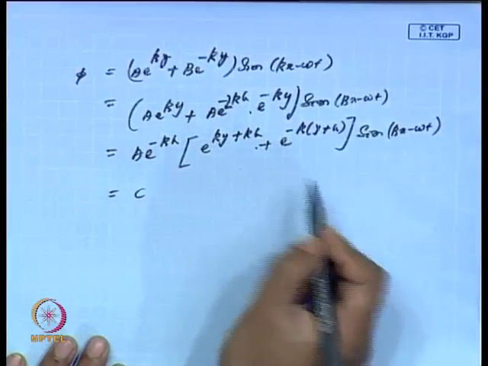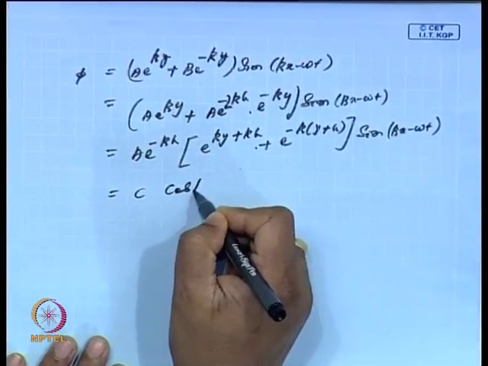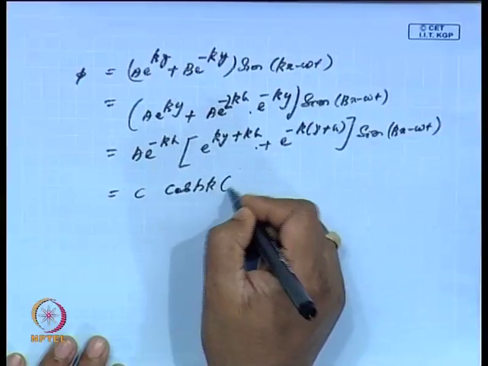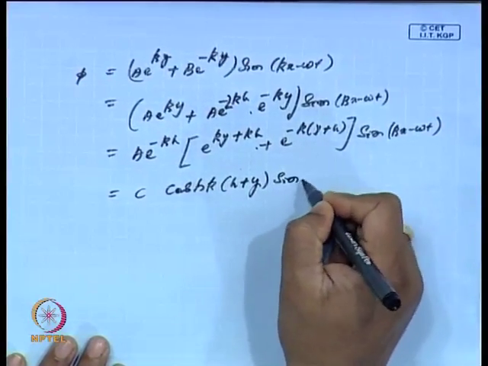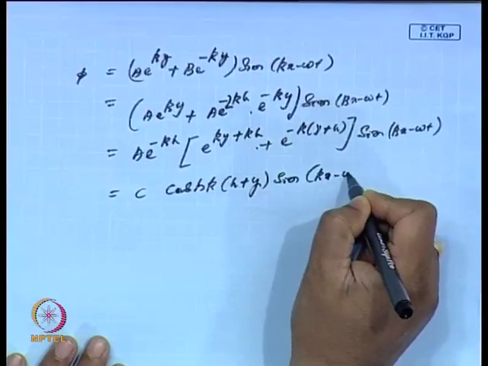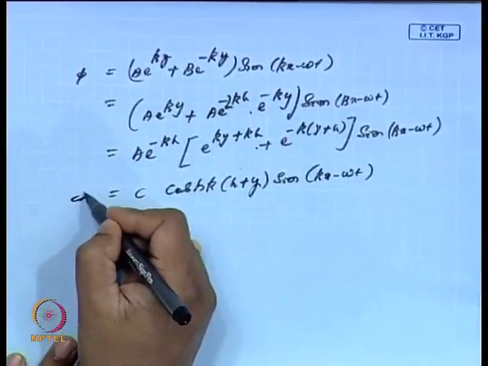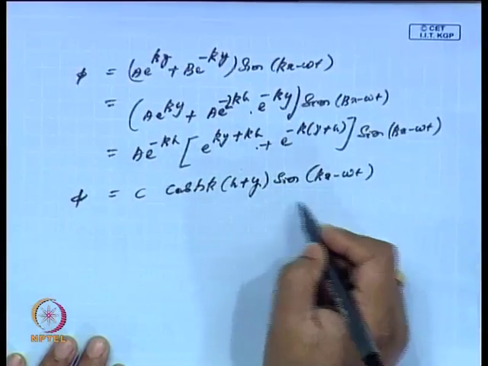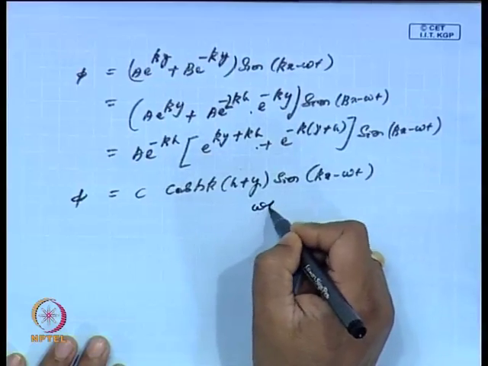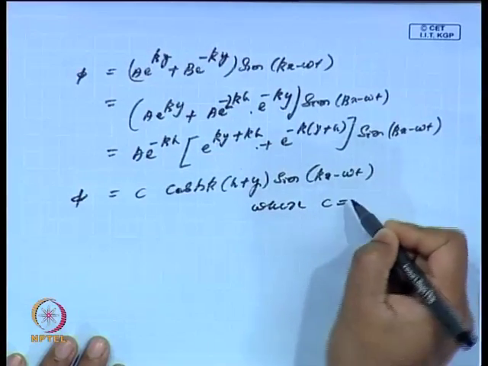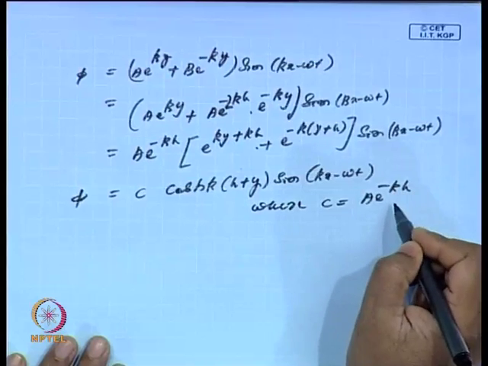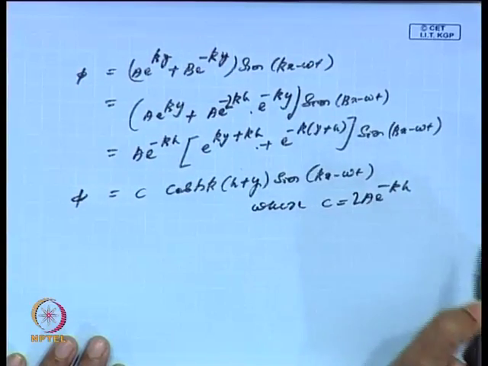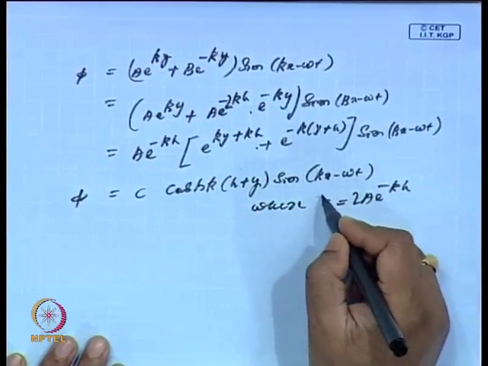I can call this a constant c times cosh k(h plus y) into sin(kx minus omega t). So phi becomes this, where c is equal to a to the minus k h times 2, and again a constant.